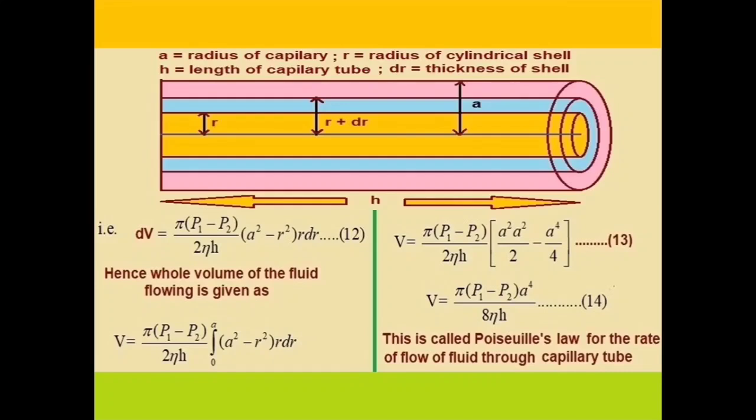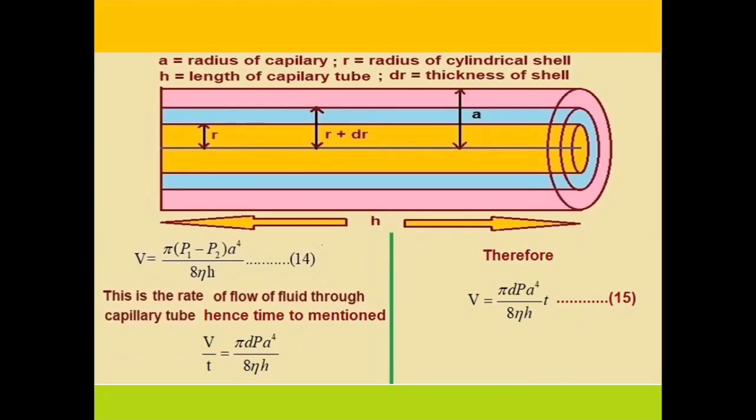So this is about Poiseuille's law regarding flow of fluid through a capillary. Capital V is equal to pi into (P1 minus P2) into a raised to 4 divided by 8 eta h. So this is equation number 14, which we have already seen. This is the rate of flow of fluid through a capillary tube.